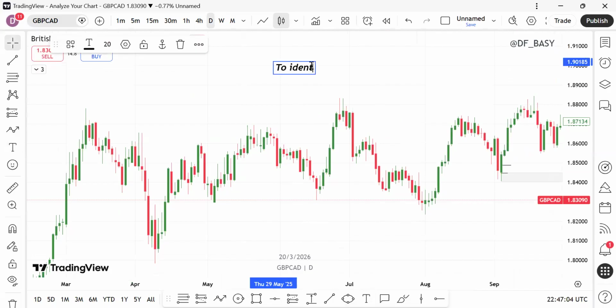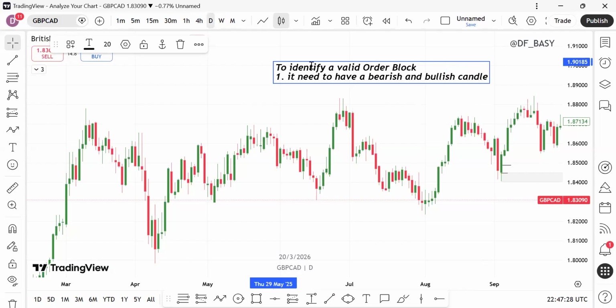So identify a valid order block. One, bearish, bullish candle. Two, we need to have FVG.